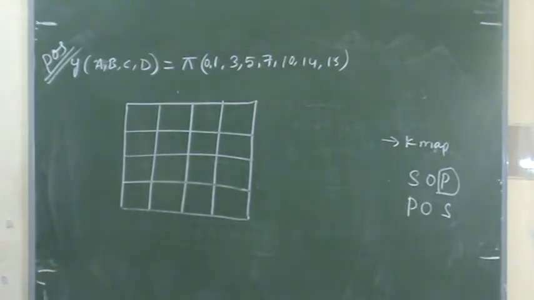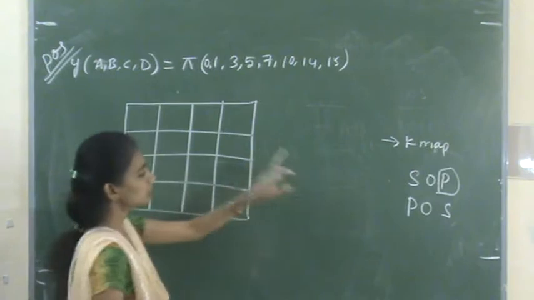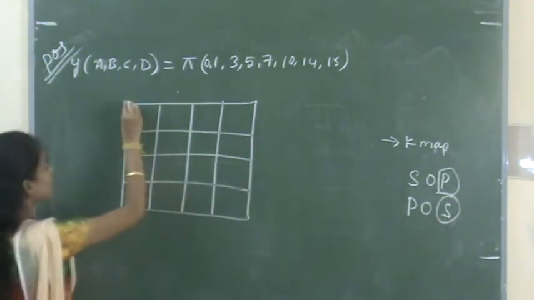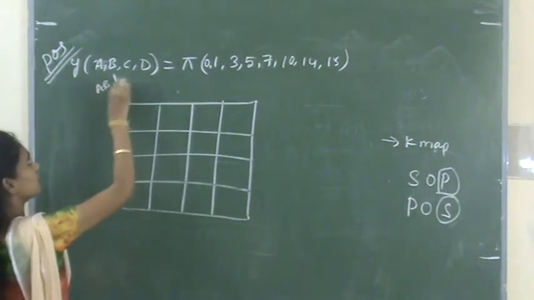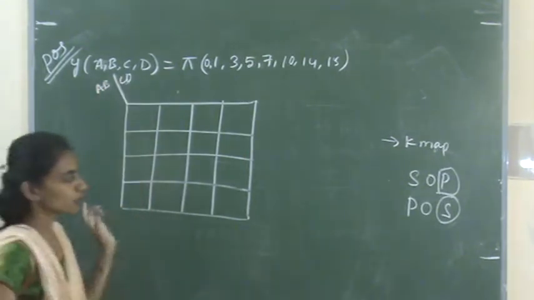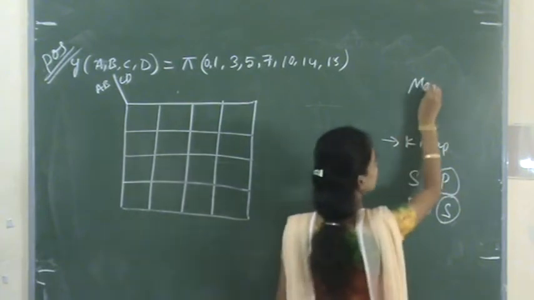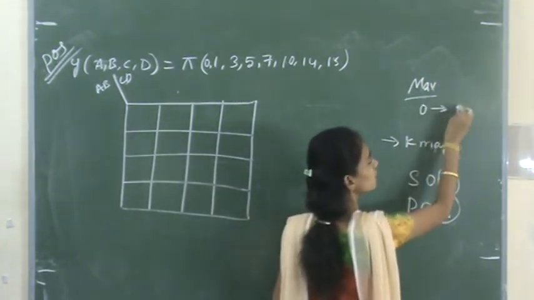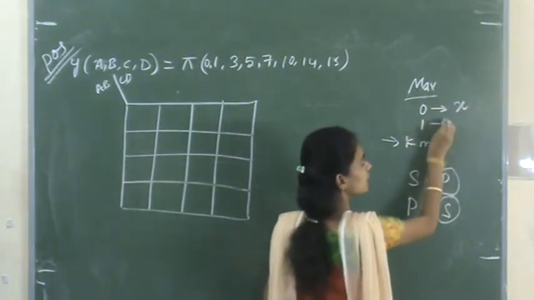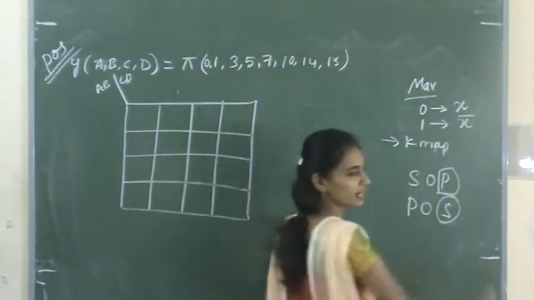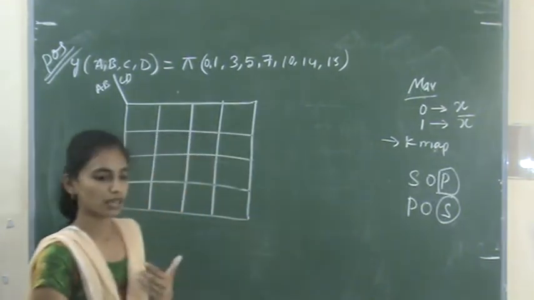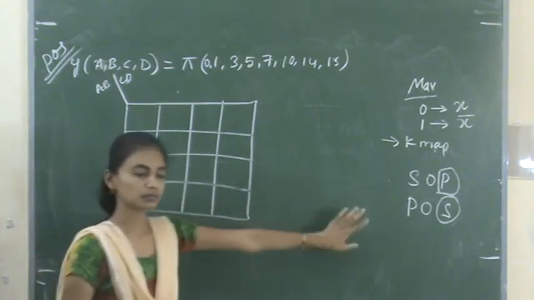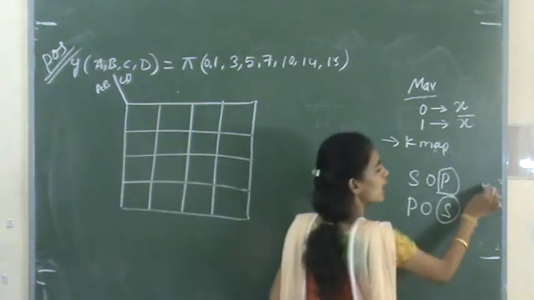So how to do it in the POS method? We know that first we have to do summation. We have 4 variables, that is A, B, C and D, right? In max terms, we know that wherever we have a 0, write the variable as it is. Wherever we have ones, just write the bar, means complement of SOP, right? In SOP we are using the AND operation.